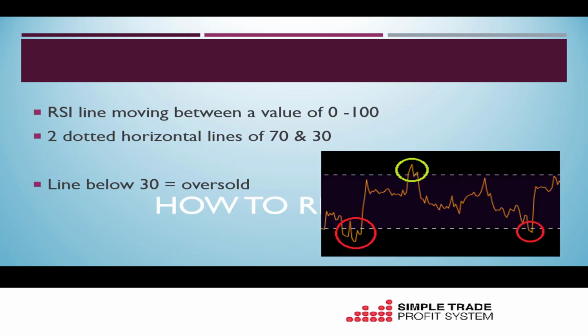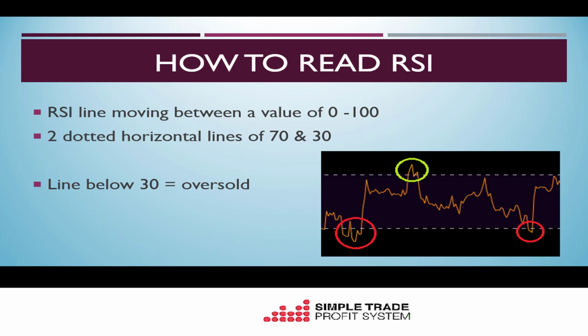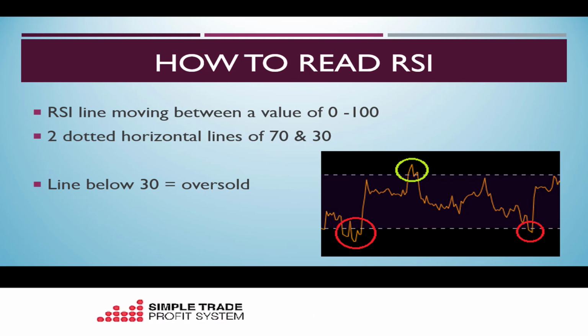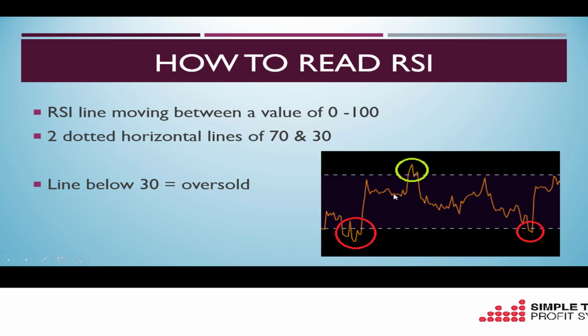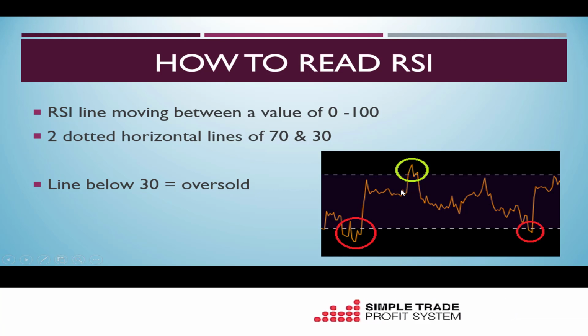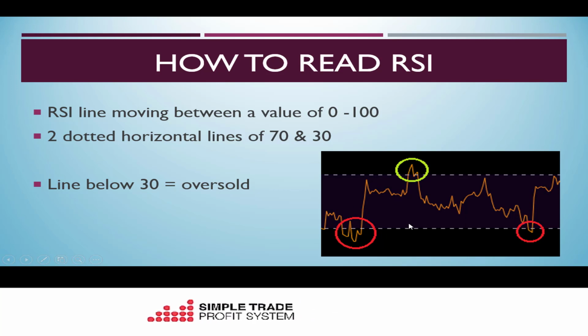So how to read RSI? If you look over here in the bottom right, when you plot it on your chart, yours might be blue or purple or something. I changed mine to orange, for a little more contrast so I can see it. So we can see this is our RSI line that's moving up and down with the market.